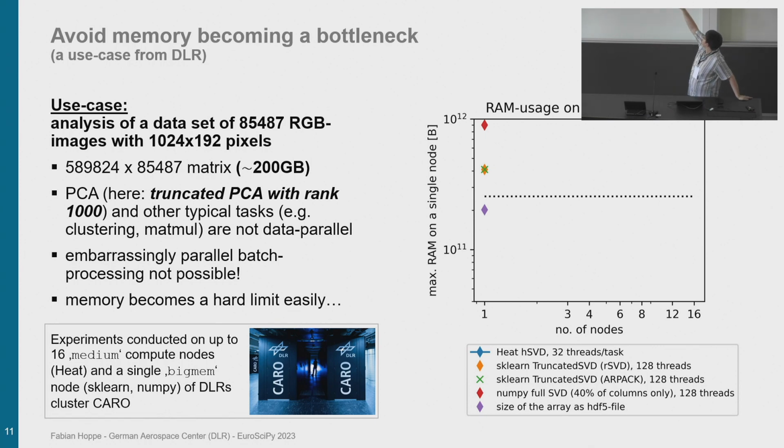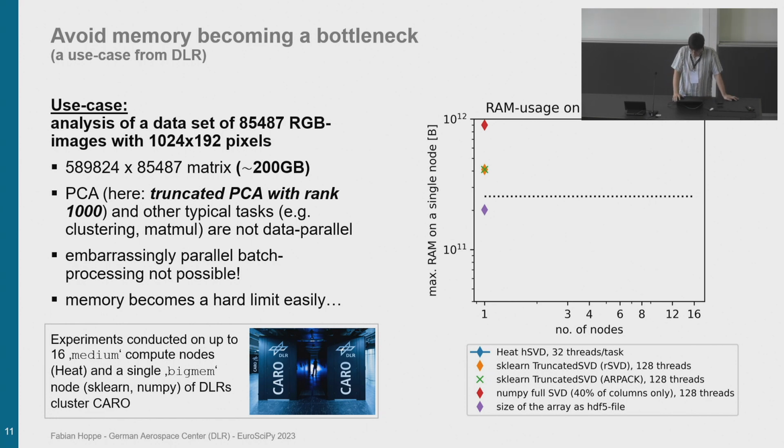You can already see that in order to do the PCA with scikit-learn on a single node, you need to switch to a special compute node, a big mem node, is it called, with 1 terabyte of RAM. And if you want to perform the computation in NumPy without truncation in advance, you see that even just 40% of the columns require almost 1 terabyte of RAM for the computation.